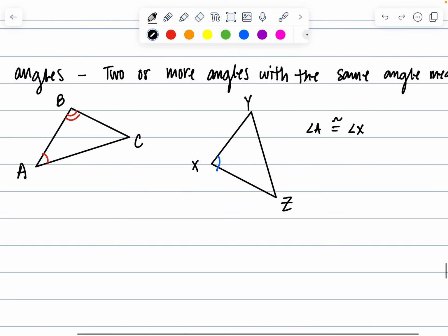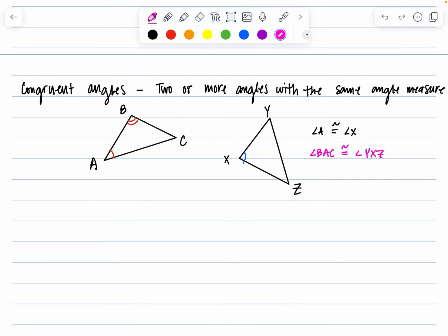Technically, we could call this, I'm going to do this in pink, you don't have to copy this down. If you want to be fancy about it, angle BAC is going to be congruent to angle YXZ, because those particular angles or vertices are congruent. They're the middle letters. So congruent angles have the same tick mark number, or number of tick marks.